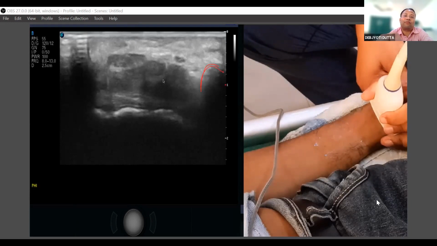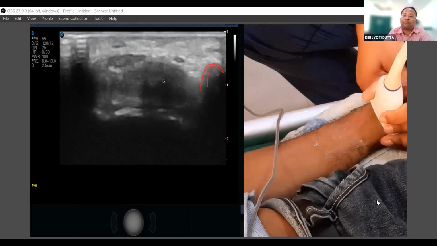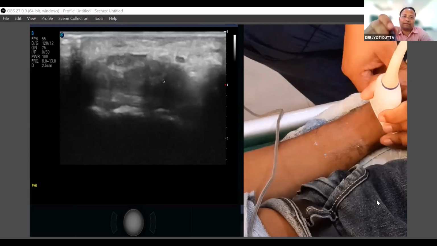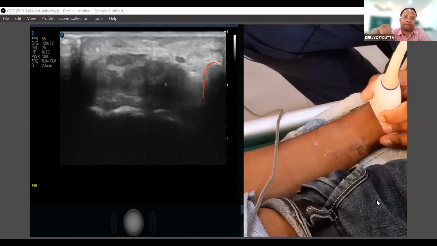Here you can see the pisiform bone. It is connecting to the, see, the carpal ligament. It is getting connected with the pisiform. Here is the ligament. It is coming and connecting to the pisiform bone. This is the pisiform bone.